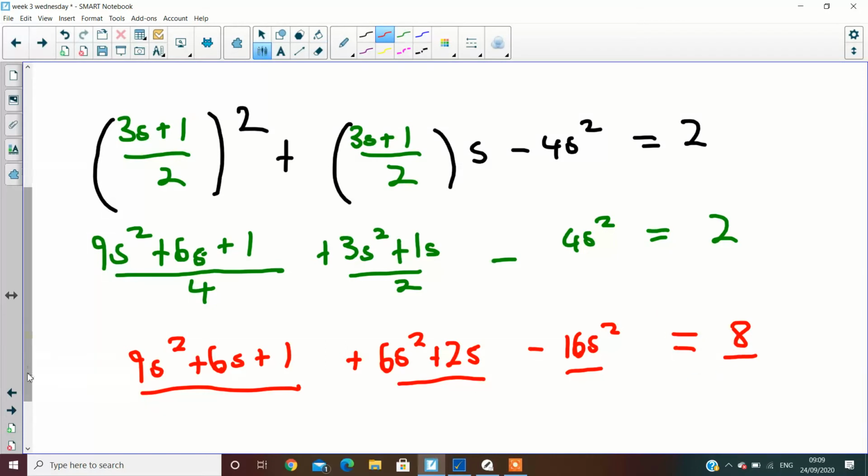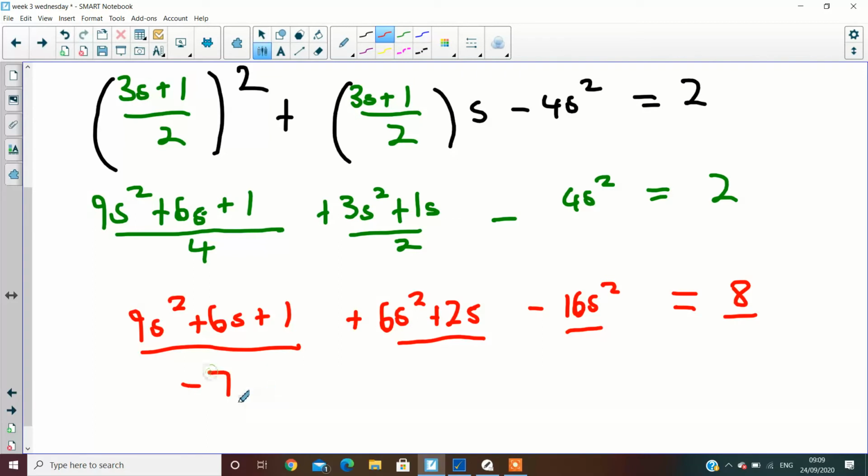Now let's get the s squareds on their own. I have minus 7 s squared. Oh no, I don't. I have 15 minus 16, which is minus s squared. I have 6s plus 2s, which is 8s. And then I have 1, take away, bring the 8 over the other side.